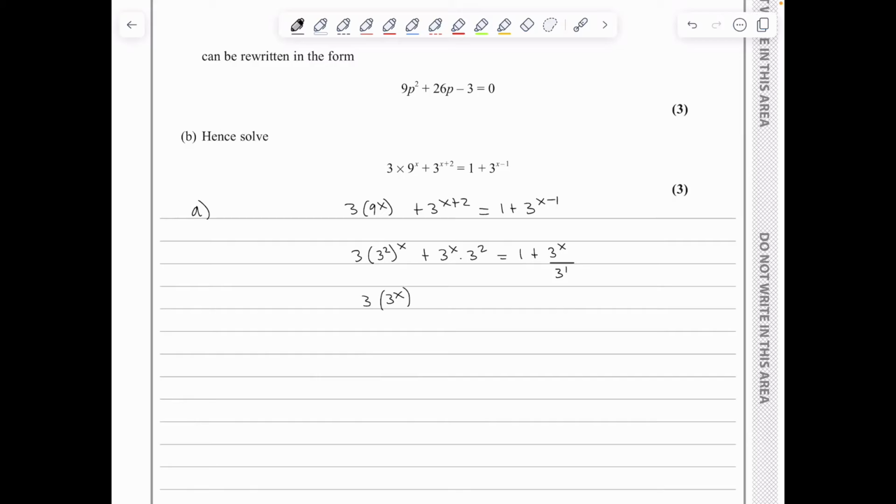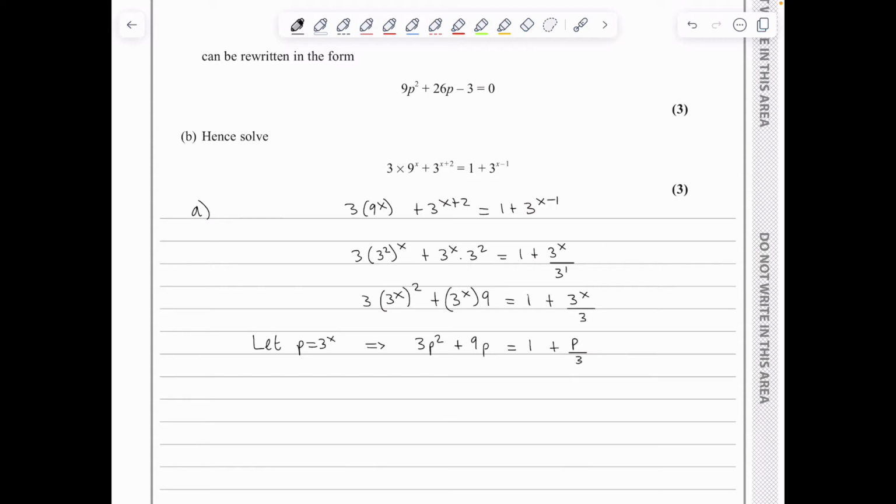So 3 squared to the x can be written as 3 to the x squared. So 3 times 3 to the x squared plus 3 to the x times 9 is equal to 1 plus 3 to the x over 3. We're going to use the suggestion of the substitution of p is 3 to the x. So let p is 3 to the x, which leads to 3p squared plus 9p is 1 plus p over 3.